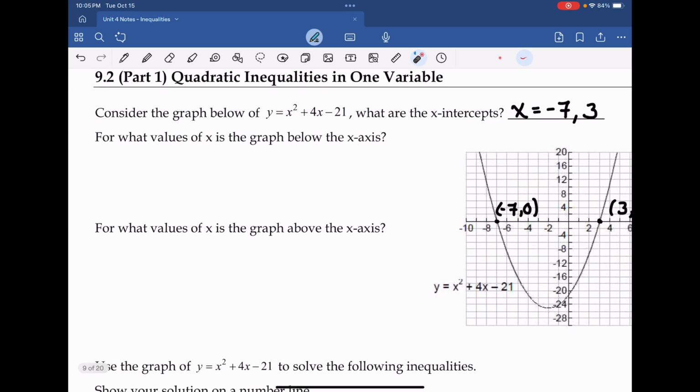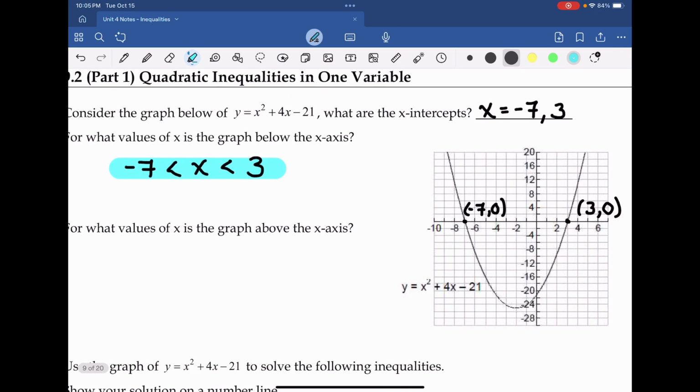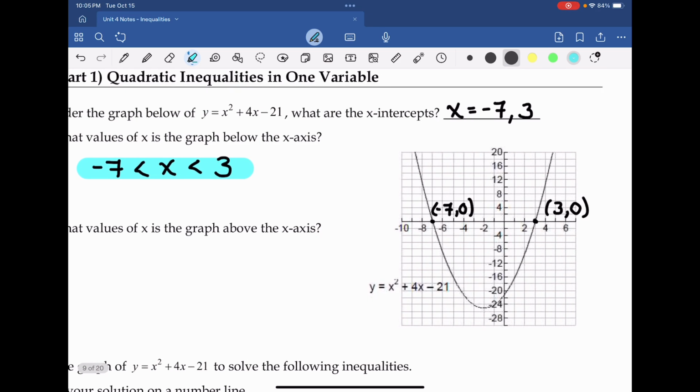Specifically, if it's below the x-axis, then our left bound is -7, so x is greater than -7, but it must be less than 3. Now, I'm going to introduce some color here. If the blue represents the part that is below the x-axis, I'm going to highlight that all of these x values satisfy that, such that if I pick any x between them, it represents an x where the graph is negative.